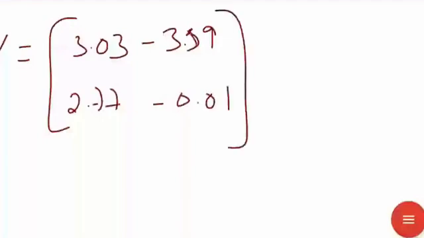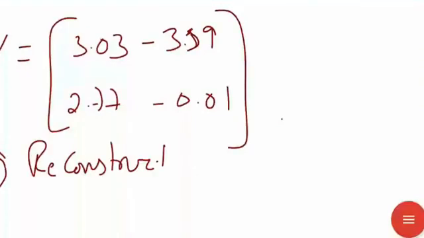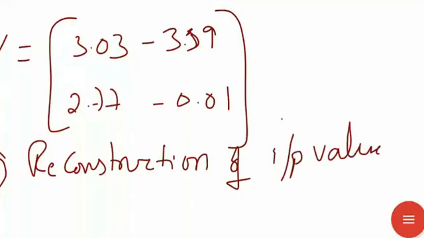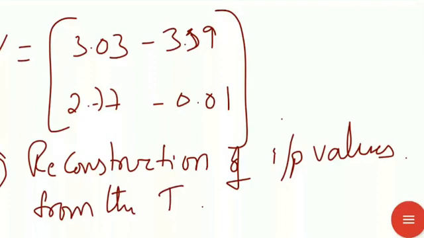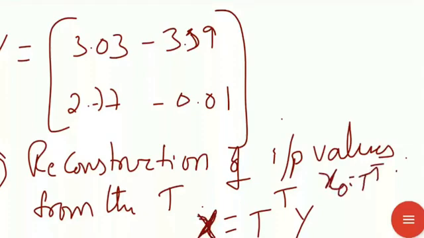Now the reconstruction of input values from the KL transformation matrix T. Use this formula: x naught is T transpose y naught, x1 is T transpose y1.